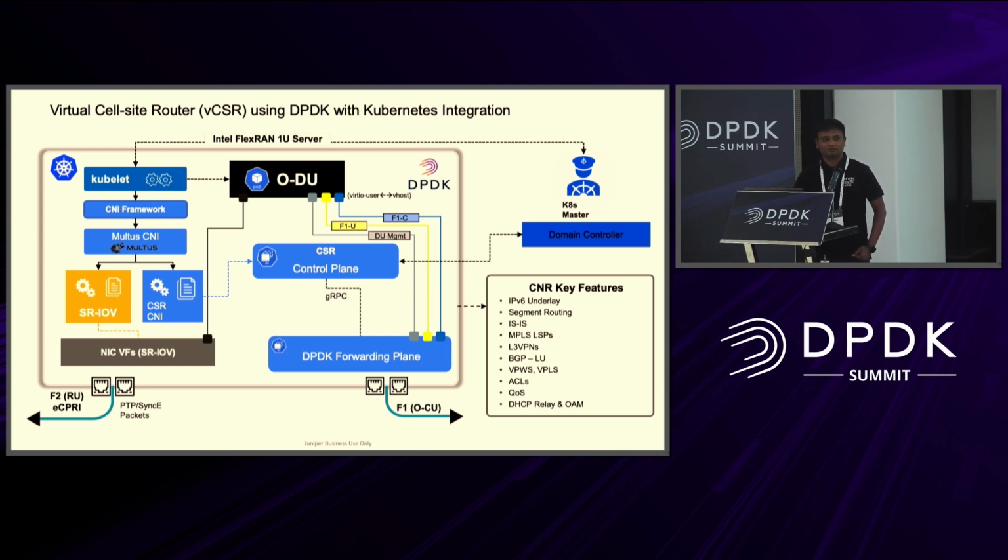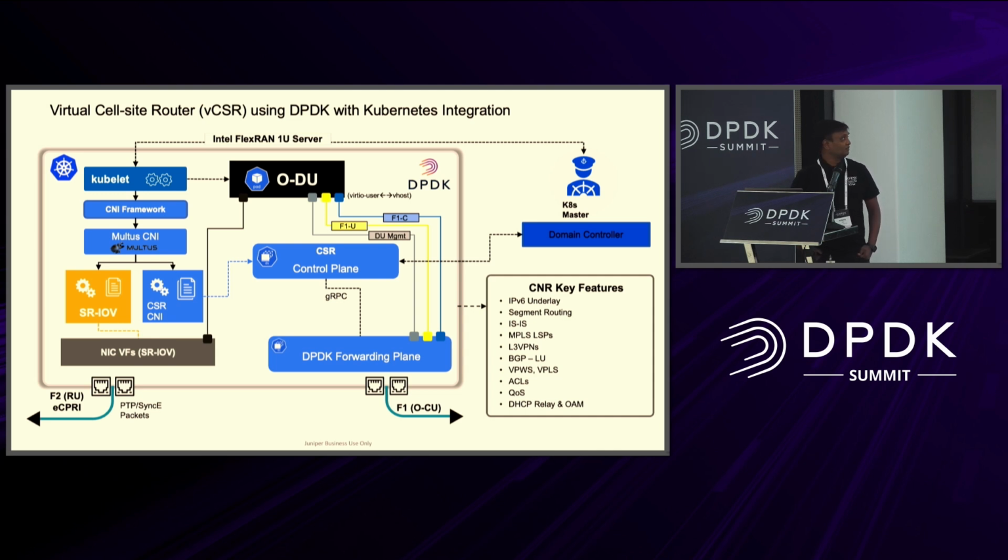We call it the F1 interface. The communication between the ODU and the forwarding plane can be vhost user. For the front haul, on the RU side, the ODU bypasses the forwarding plane and directly uses SRIOV to communicate with the RU through the F2 interface.